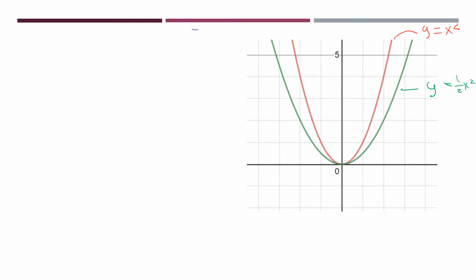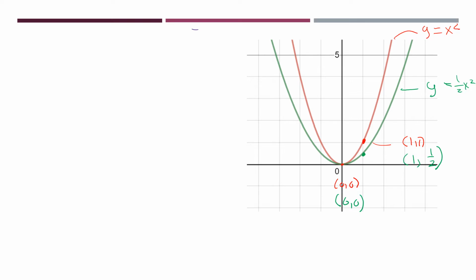So again, our parent function, we have the point 0, 0. And of course, in the green, its corresponding point is 0, 0. Here, on the parent function, we have the point 1, 1. On the corresponding part on the graph, so when x is 1, in this case, y is actually 1/2.